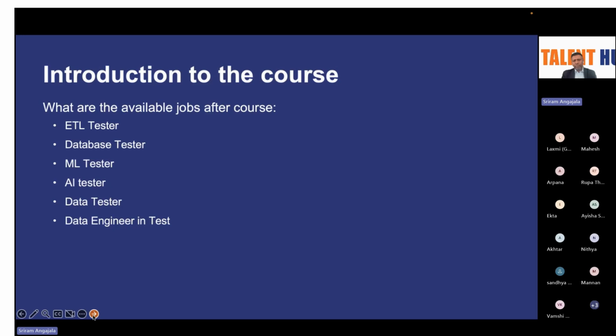If a company is implementing a data project, which can be a machine learning project, an artificial intelligence project, or a data transformation, or any kind of data project, because a lot of companies are investing in data projects now. As you know, AI is going big, and development teams are trying to hire people with this skill set: ETL testing, database testing, machine learning testing, AI testing, data engineering testing. These are the roles in lot of demand nowadays.